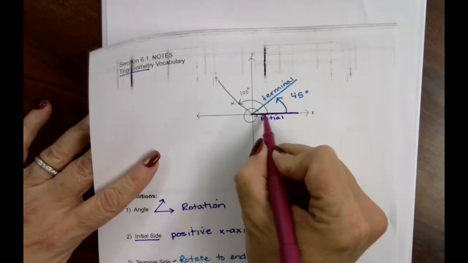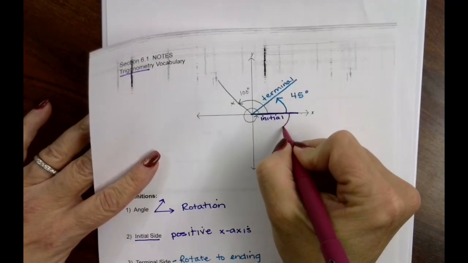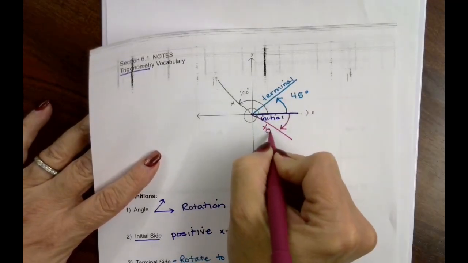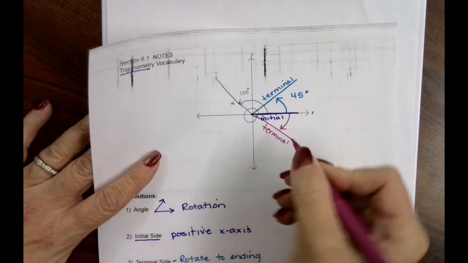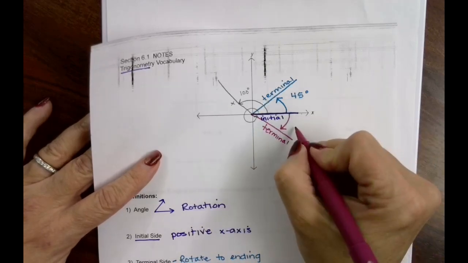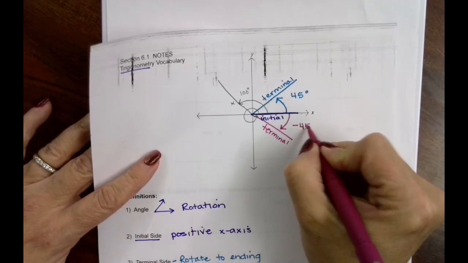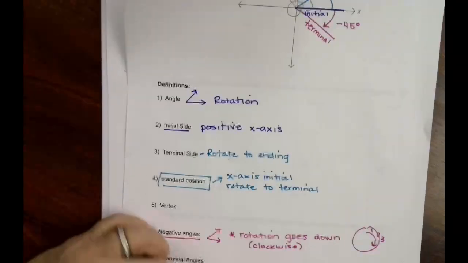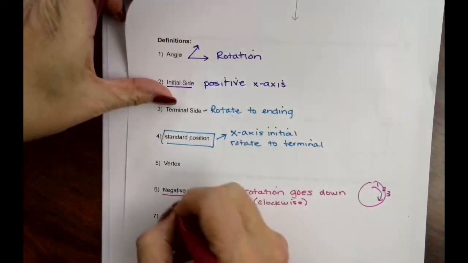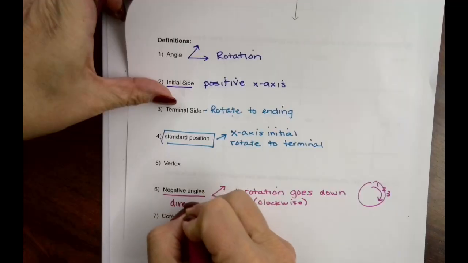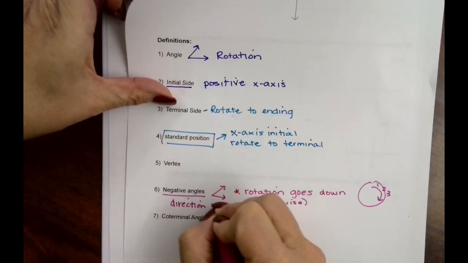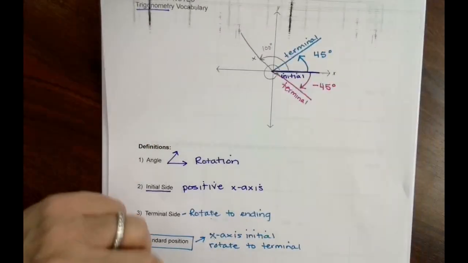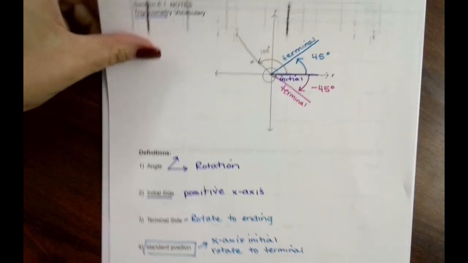So I still start on my initial side, but as I rotate this direction, this is my new terminal side. And now, let's just say this is in the middle. This angle would be negative 45 degrees. So the only thing that a negative angle tells you is the direction. So the direction is down.